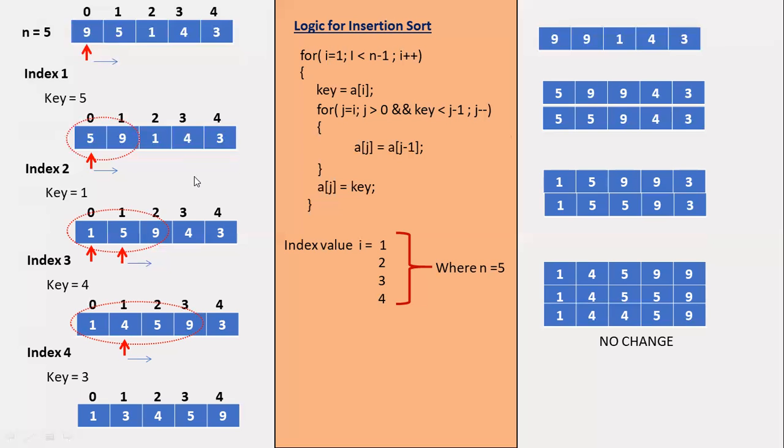Now, let us see the time complexity. Worst case complexity is order of n square. Suppose if an array is in the ascending order and we want to sort it into descending order. In this case, the worst case complexity occurs.